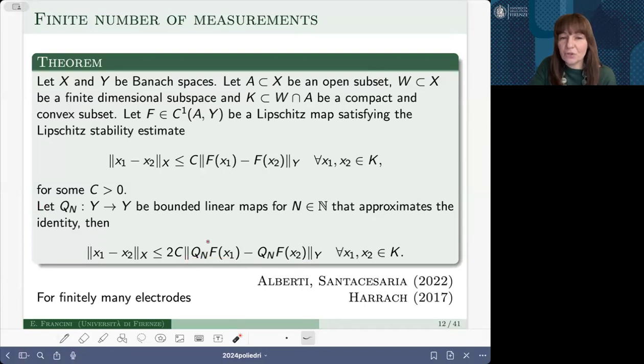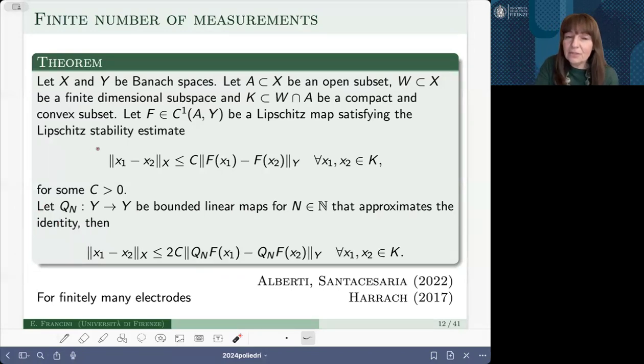So this Q_n here between Y and Y is a bounded linear map that approximates the identity. So Q_n times f can be interpreted as a finite number of measurements of our Dirichlet-Neumann map.